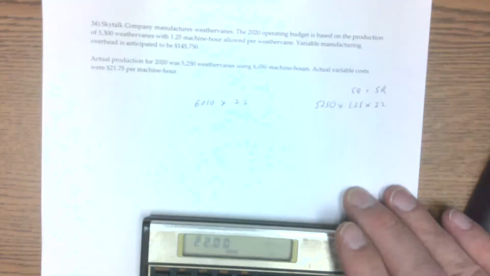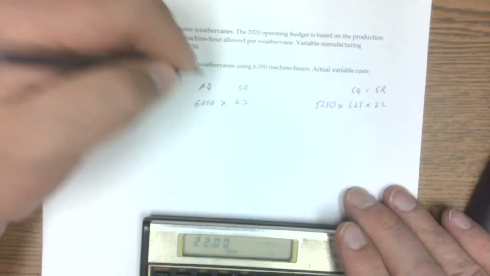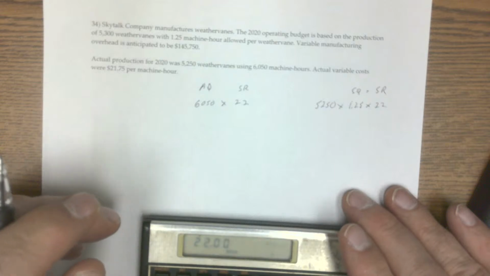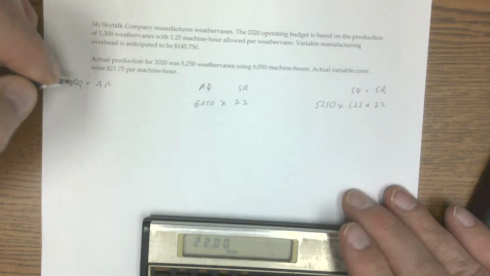So this is the standard quantity of hours times the standard rate. This is the standard rate. This is the actual quantity of hours here. And then over here we have the actual quantity times the actual rate.